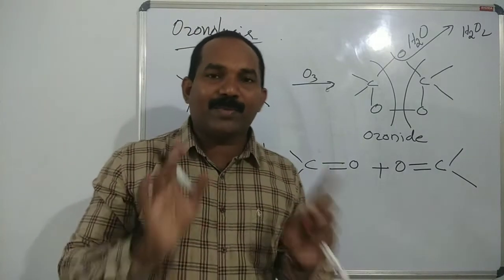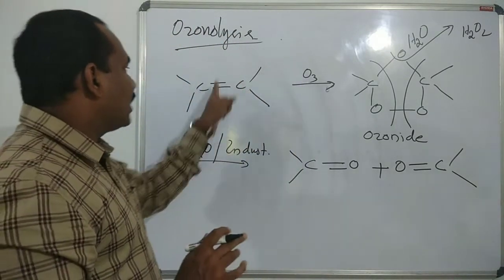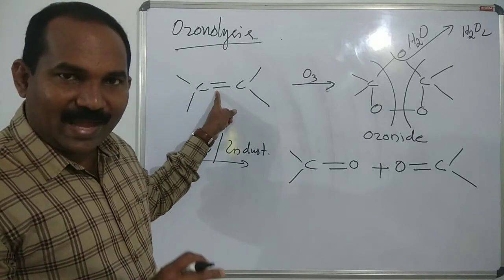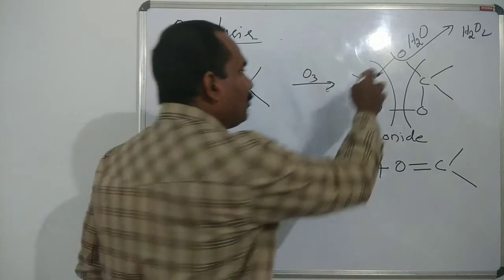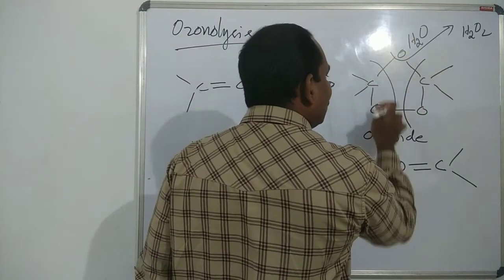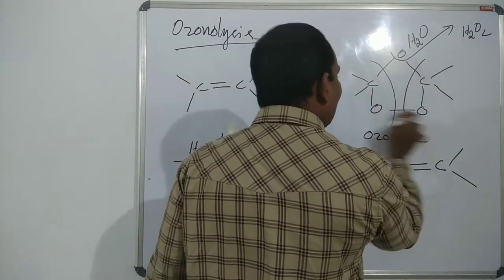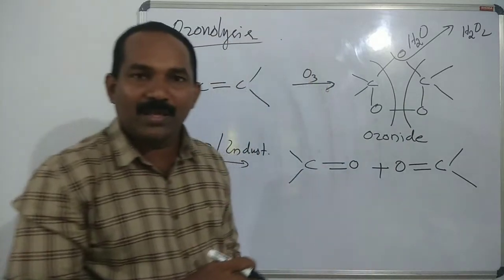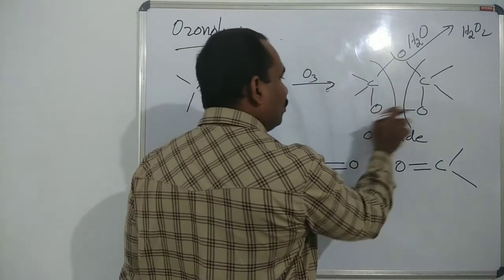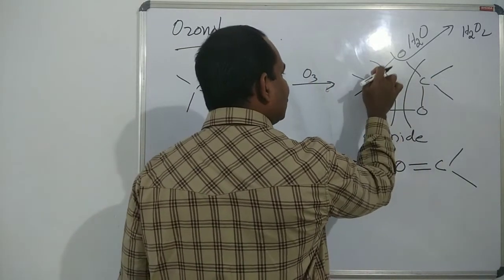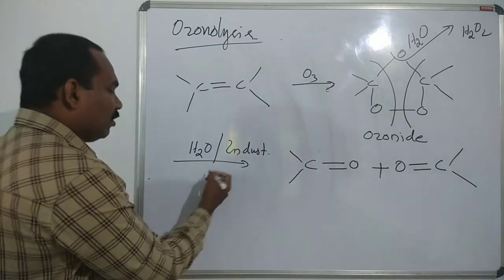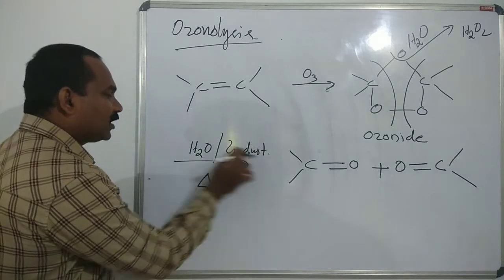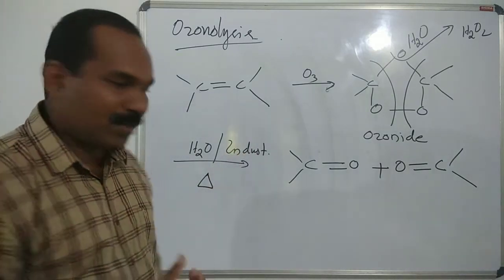Ozone is added to the double bond of the alkene, we get ozonide. A bridged oxygen, and another bridge, a peroxide link, comes in between the carbons, COOC. Here is COC.